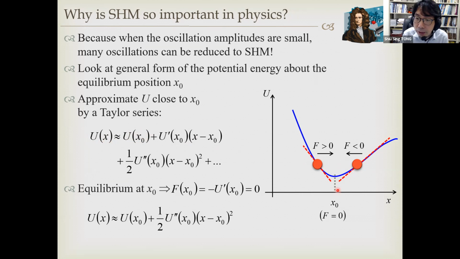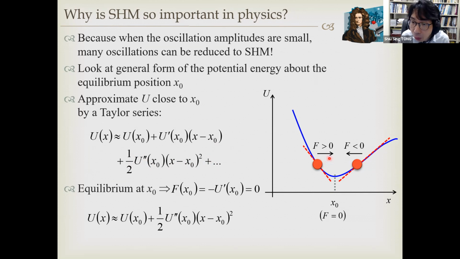The first term is U(x0), the value of U at the equilibrium position. The second term is the derivative of U at x0, multiplied by (x minus x0). And the third term involves the second derivative of U at the point x0, so it's one half U double prime (x0) times (x minus x0) squared. And of course, you have the higher order terms.